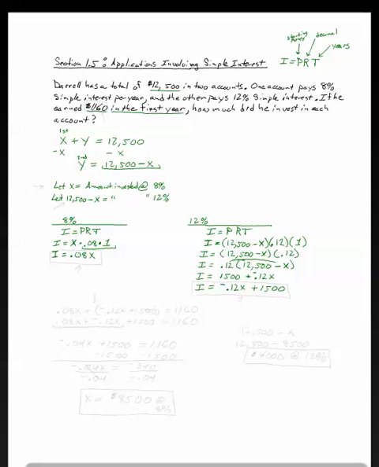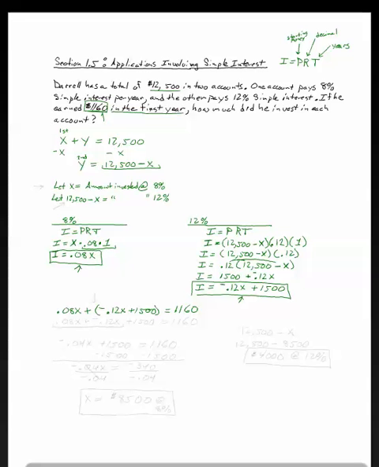So now I know what the interest was at 8%, I know what the interest was at 12%, and I also know up here that the total interest was 1,160. So if I add the first interest here to the second interest here, then I'm going to get a total of 1,160. So that's what I'm going to do. 0.08x plus negative 0.12x plus 1,500 equals our total interest of $1,160.